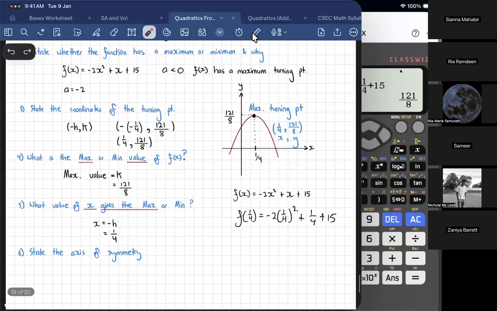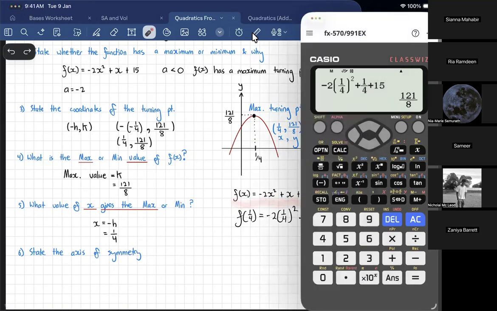Right. Okay. Number 5 now. They're asking us what value of x is going to give you the maximum. So looking at the graph, what value for x gave me 121/8? A quarter. Right, 1/4. And if you have trust issues, when I plugged in 1/4 into the function, what did I get? 121/8.